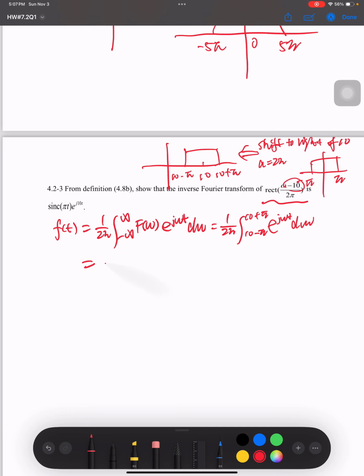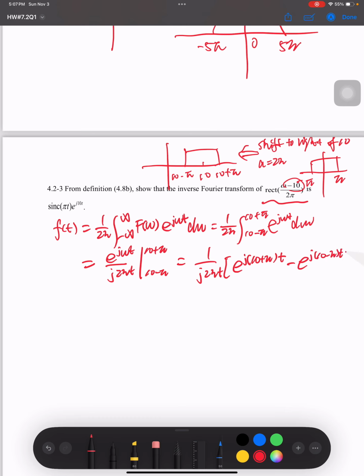Which is 1 over j 2 pi t times e to the j omega t, evaluated from 10 minus pi to 10 plus pi. Because it's an integral with respect to omega, we just evaluate like this, minus e to the j 10 minus pi t.